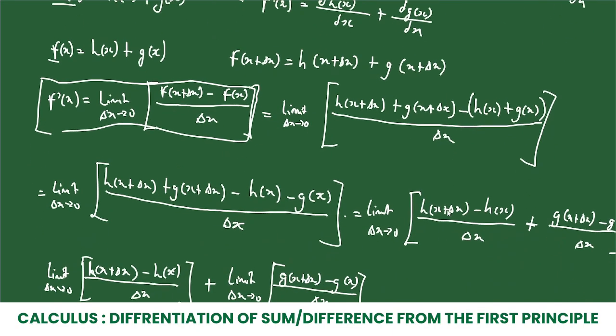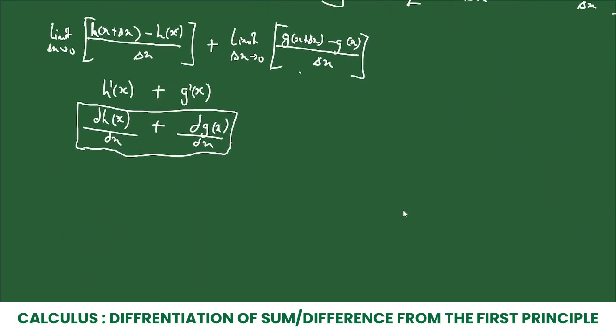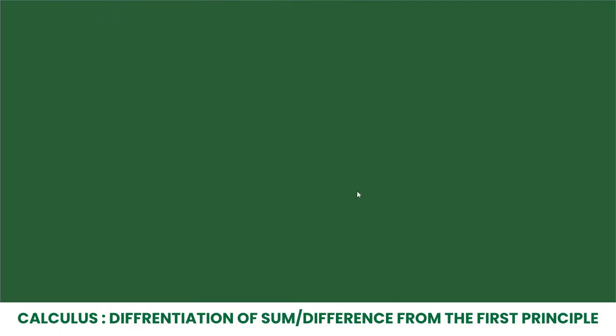Let's take a numerical example. We have this question: f of x is equal to 3x to the power 4 plus 5x squared.